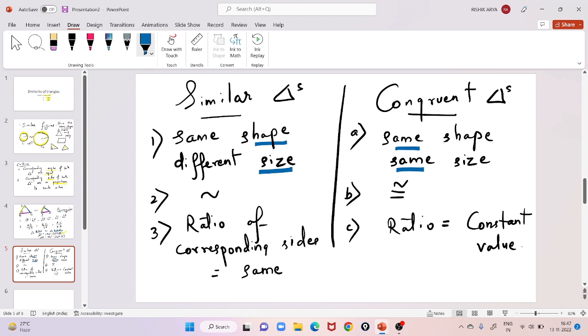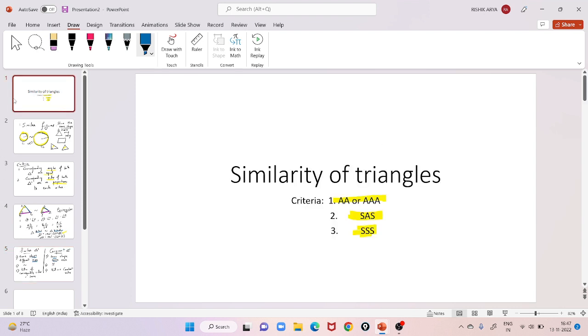Now in the next video I'll discuss the criteria which I have discussed earlier, and I will explain how we can apply these three criteria to find out whether the triangles are similar or not.